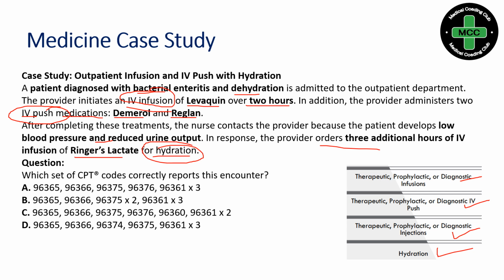You need to prioritize one primary code, the initial and severe procedure, and later, following the hierarchy, select the add-on code for the other procedures. For example, if they performed infusion initially, for infusion you will code the primary code, for IV push you will take the add-on code, and to report the hydration again you will use the add-on code. So make sure you are coding only one primary code, and the remaining should be add-on codes.